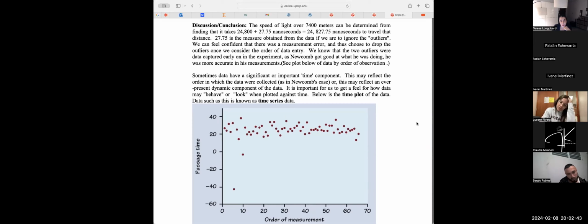All right, so here we have Newcomb's data. It represents measurements that were taken hundreds of years ago.